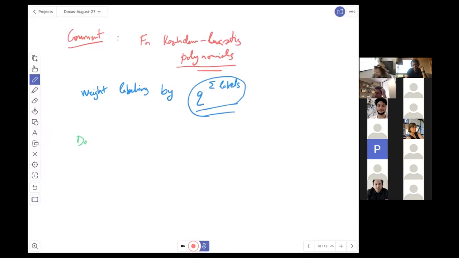You can also weigh the admissible labelings.